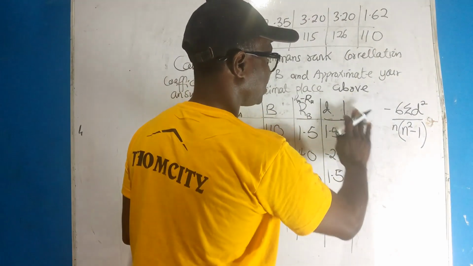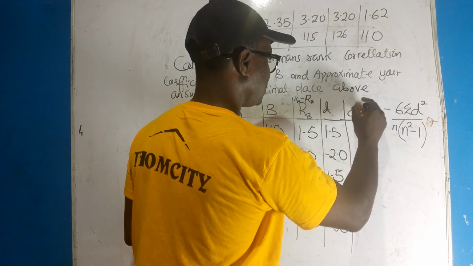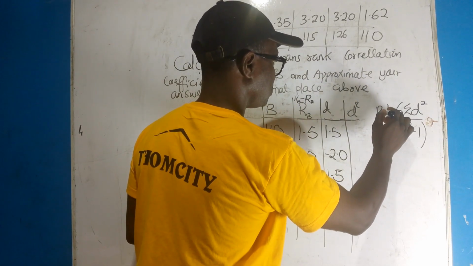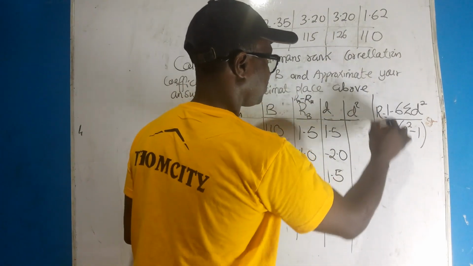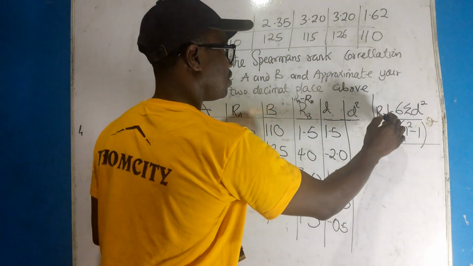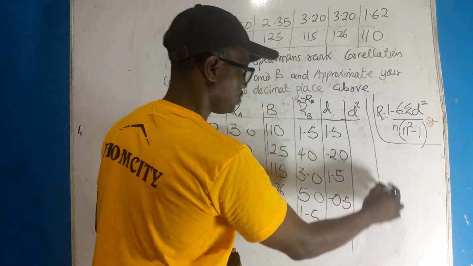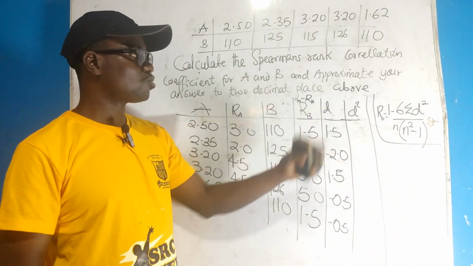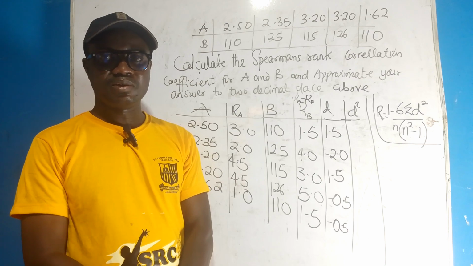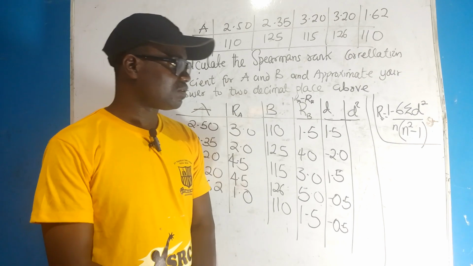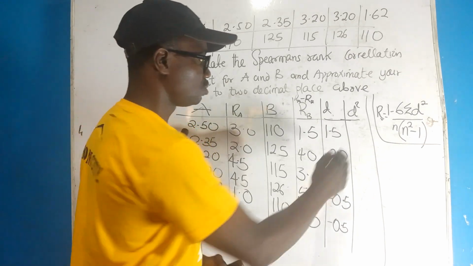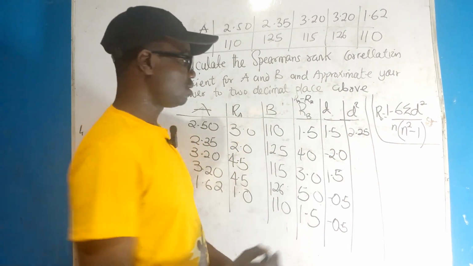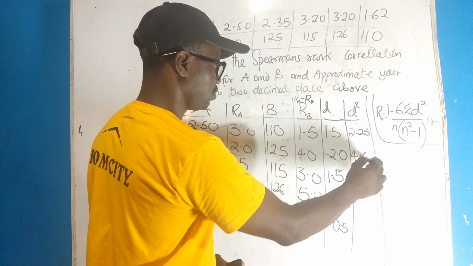So let me clean this side. So d squared. So that's the formula here. Now the d squared, it means that you're going to square each of the d. When you square 1.5, you are going to get 2.25. You square negative 2, you're going to get 4.0.